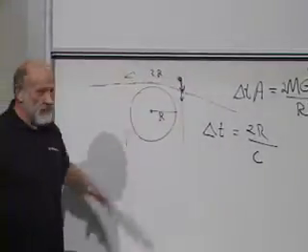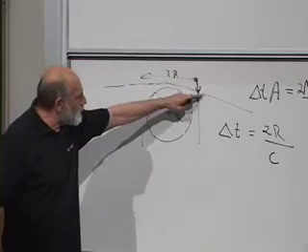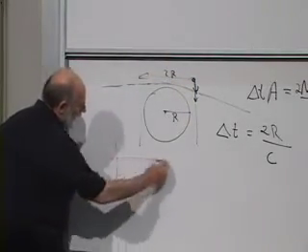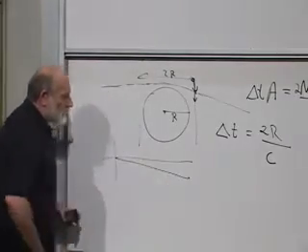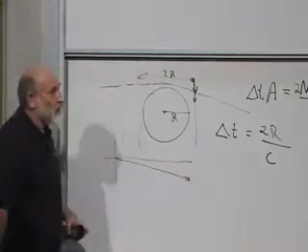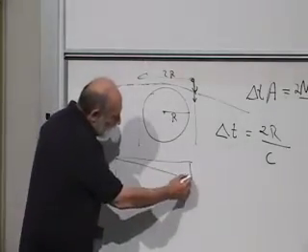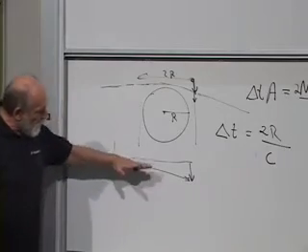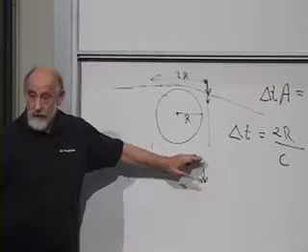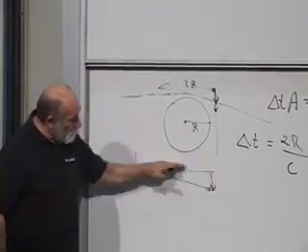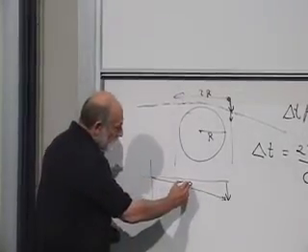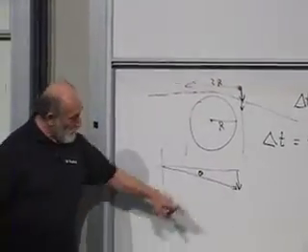But that's not the angle. The angle is basically the ratio of the downward component to the horizontal component. If we have a small angle relative to the horizontal, here's the horizontal, and this is the direction of the velocity after it passes the sun, then the downward component divided by the horizontal component is essentially the angle, at least if the angle is small.